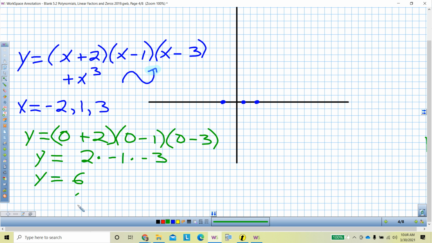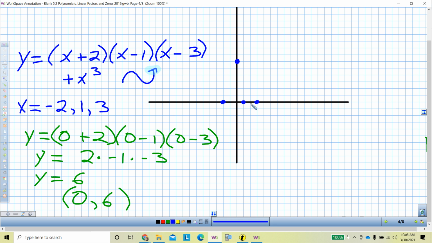That means the ordered pair I get is 0, 6. I plugged in 0 for x, I got 6 for y. So we can just graph that. 0 for x, 6 for y. And we're expecting that point should be above the x-axis because of this graph right here. So that helps build out what you think should happen.